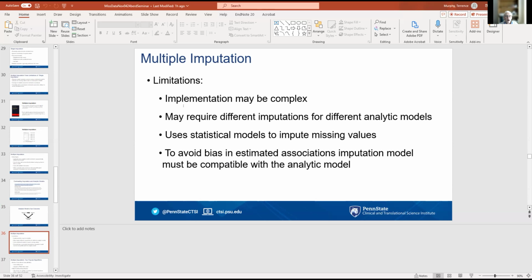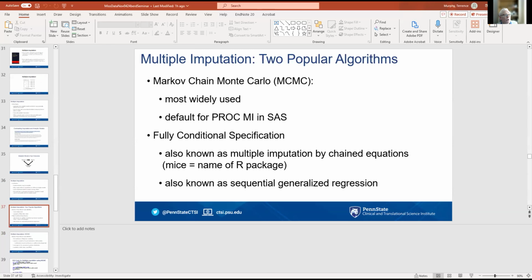And to avoid bias in the estimated associations, the imputation model must be compatible with the analytic model. And what does that mean? It means that the imputation model should be as complex or more complex than the analytic model, so that the data generated by the imputation model has enough granularity, rich information to fully inform the analytic model.